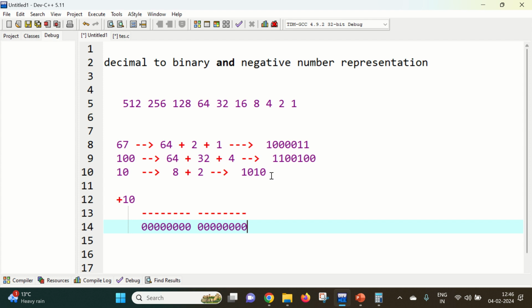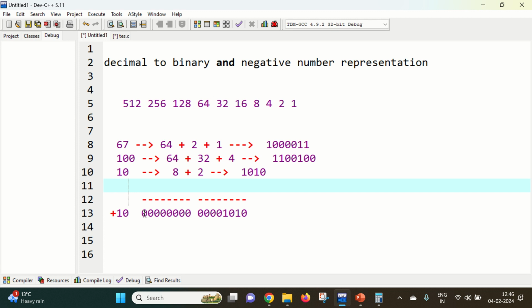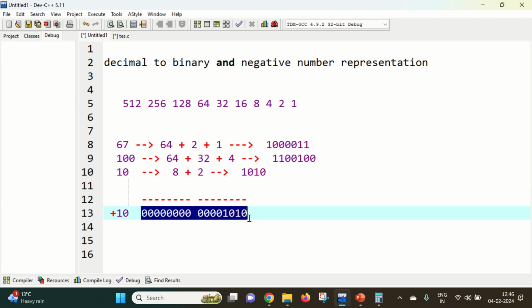But I am taking the last 4: 1, 2, 3, 4. It is 1010. So whatever the number you are seeing here on the screen, here I can write plus 10. Actually, this is the number 10. Here I can show you. So plus 10 is represented in this.